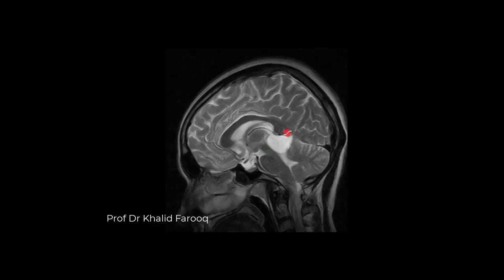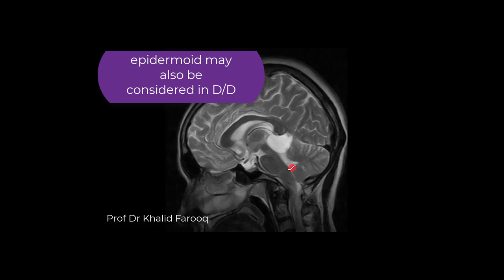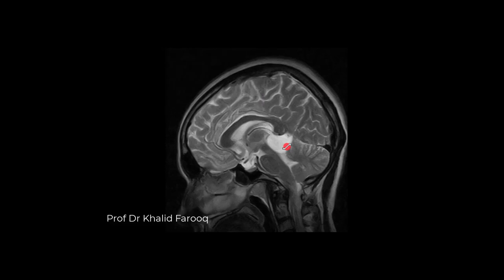Similarly, we can also give differential of tectal plate cystic lesion or cyst of the tectal plate, which is rare, and other differential would be with aqueductal cyst or neuroepithelial cyst or ependymal cyst of the upper portion of the fourth ventricle. So these are multiple differentials of the cystic lesion in this area.